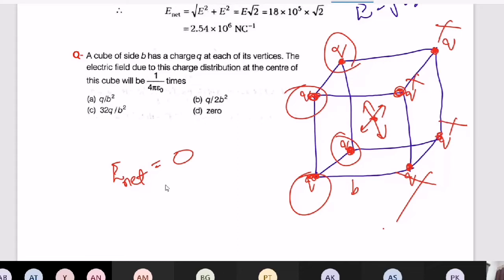So please use your own imagination for difficult questions with a three-dimensional diagram, not just in this chapter. In so many chapters and concepts, this kind of imagination is required if you have to solve physics. So what will the answer be? 0, because the field is 0.